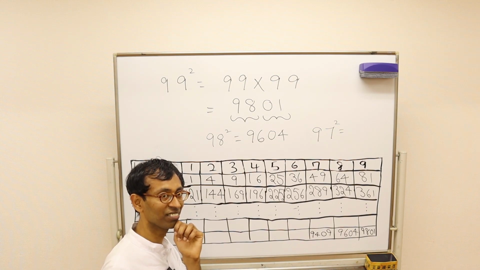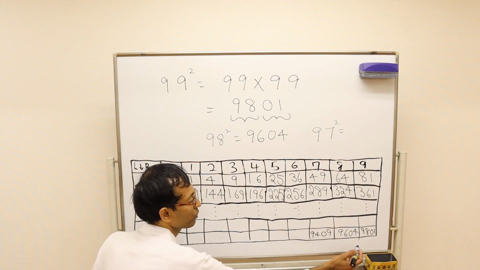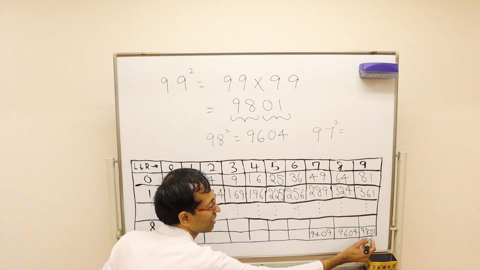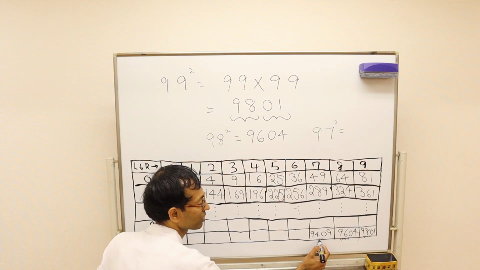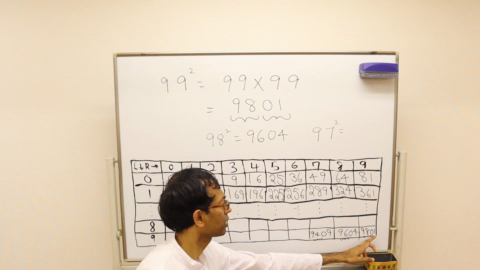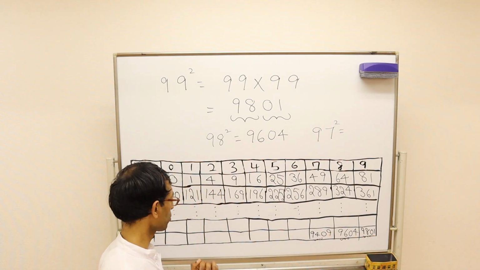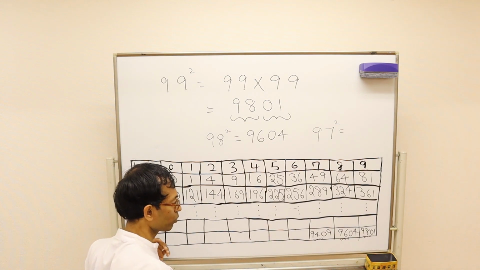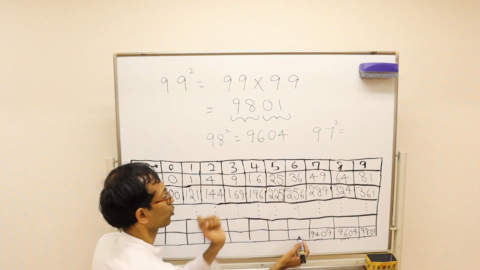You can pause the video. So if you see the patterns, you can see the first half of the answer is reducing by 2, and then what we have is simply 1 square, 2 square, 3 square, like that. Okay, you can pause the video and fill this row by yourself. Here we have 96 square.